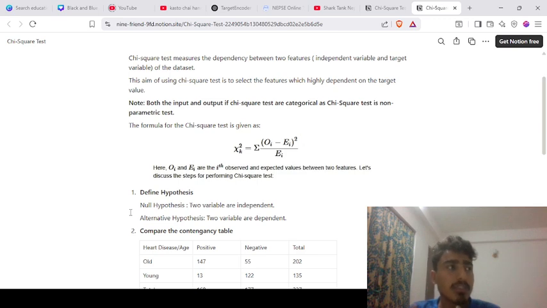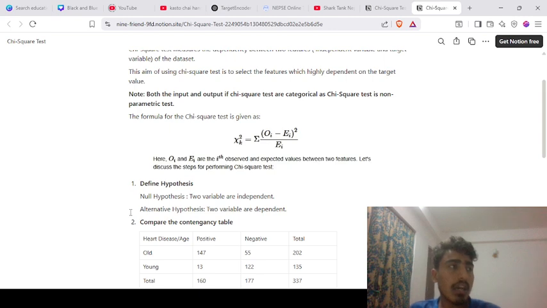The major steps to perform the chi-square test are, first of all, to define the hypothesis. We define a null hypothesis and an alternative hypothesis, which are just opposite of each other.